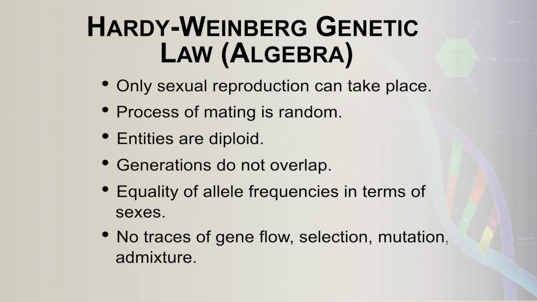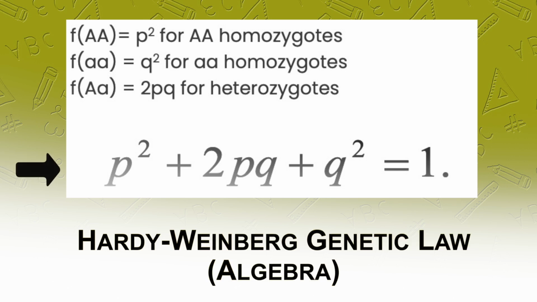But how does this become an equation? Simply by the simple polynomial p square plus 2pq plus q square. This is just a quadratic equation of degree 2. How does this quadratic equation appear? Very simply by the genetic law or algebraic principle.